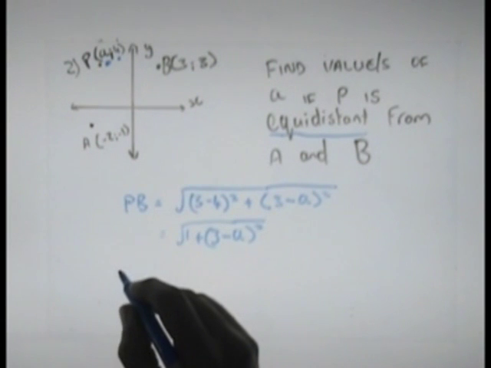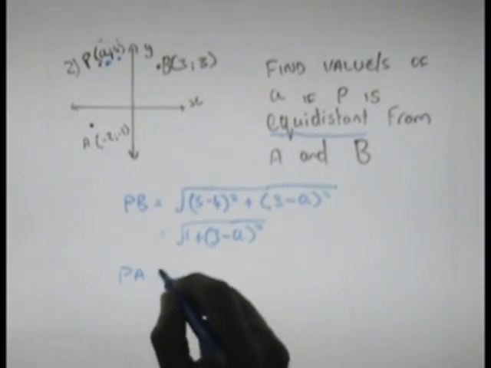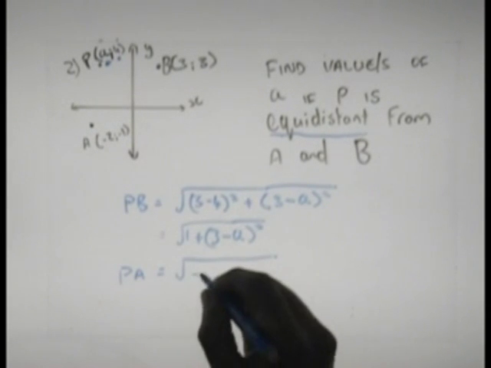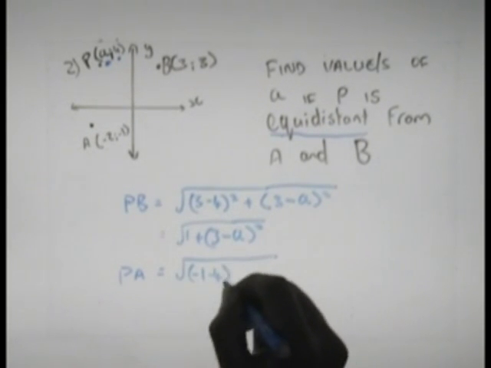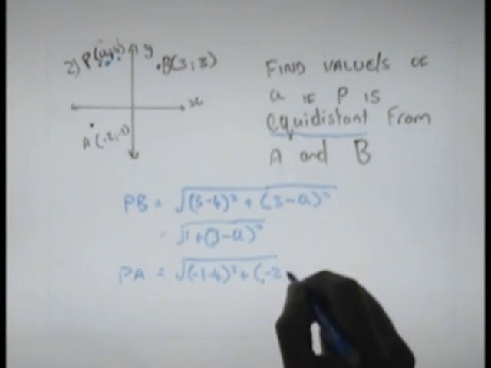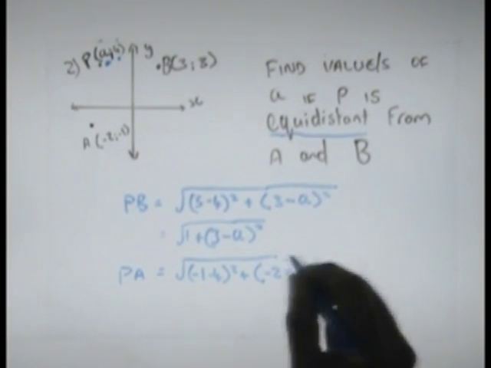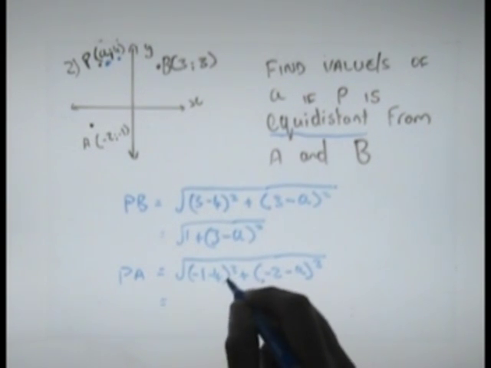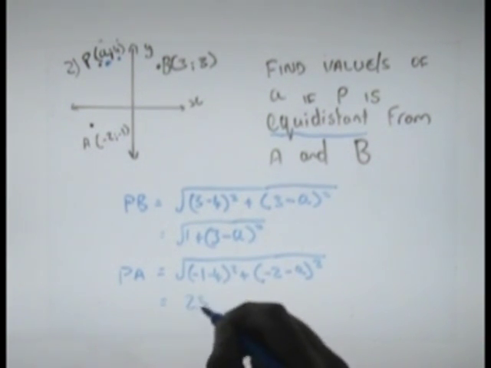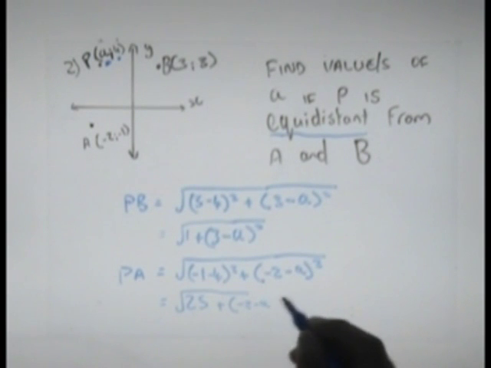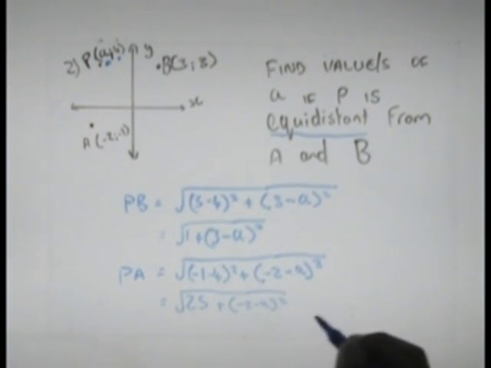That's PB. PA is equal to the square root of minus 1 minus 4 squared, plus x2 minus x1, which is minus 2 minus a squared. Minus 1 minus 4 is minus 5, squared is 25, plus minus 2 minus a, all squared.